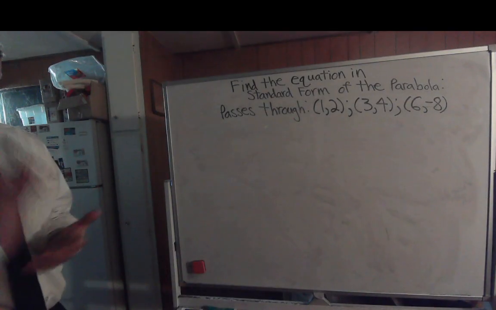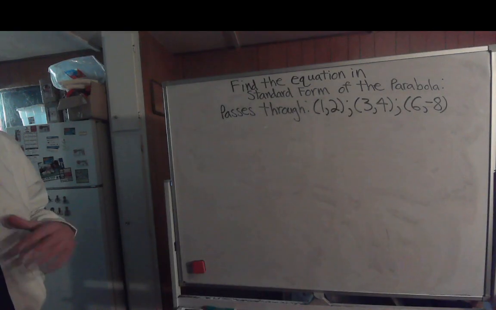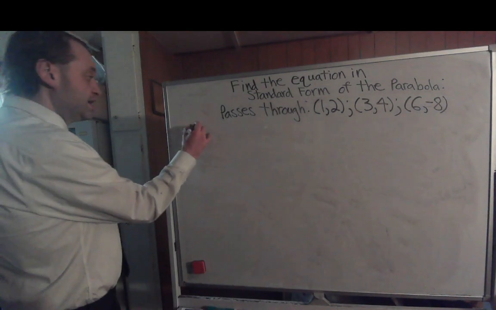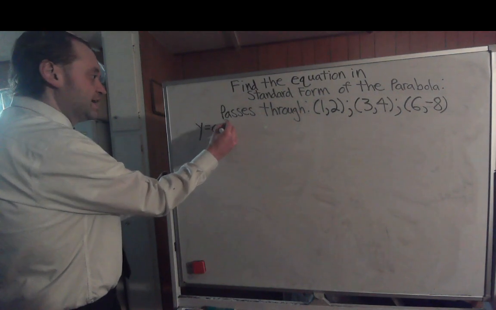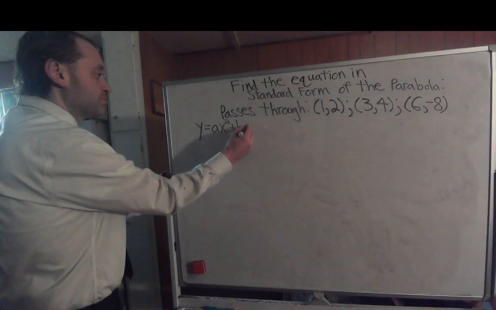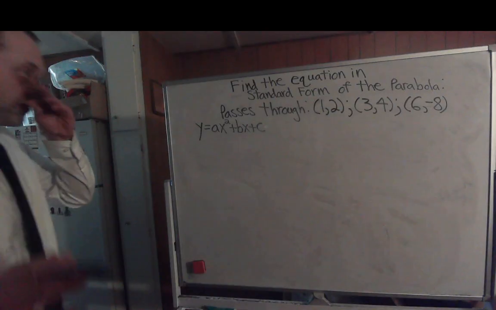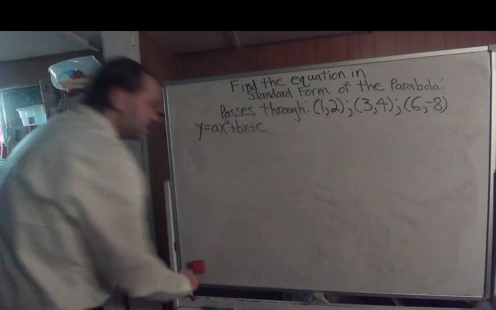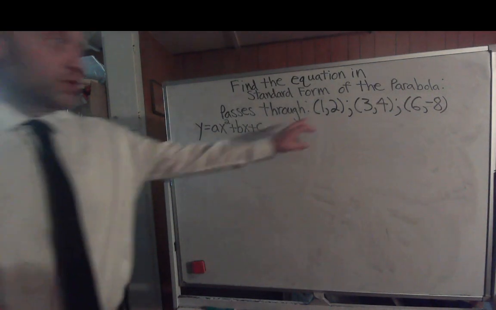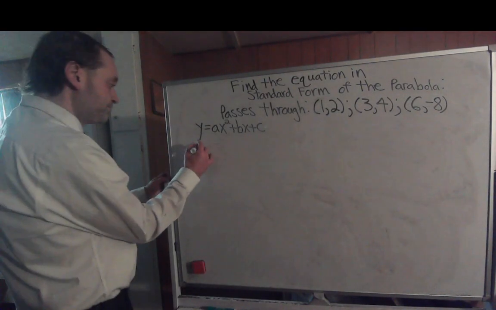Again, we don't know any x-intercepts. We don't know any vertices. If none of those are present, just go straight to writing the equation in standard form. Y equals ax squared plus bx plus c. So now, go ahead, take each of your coordinates, the 1, 2, so put the 2 in for y.